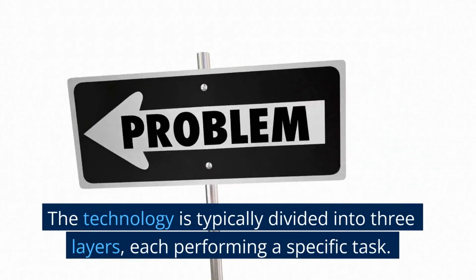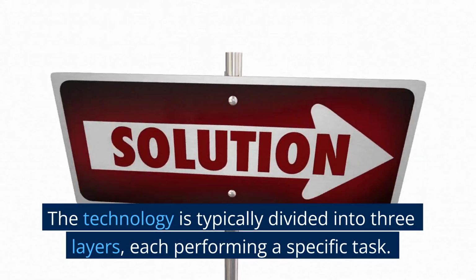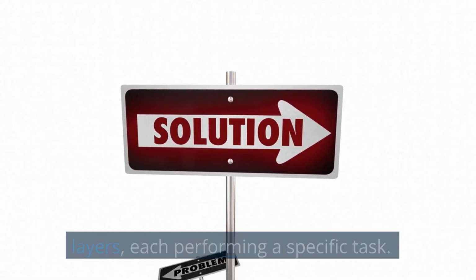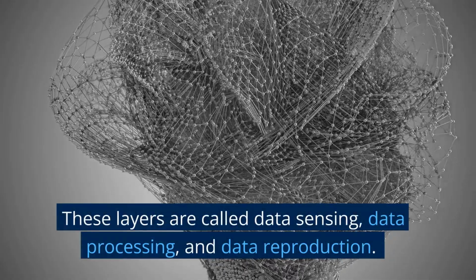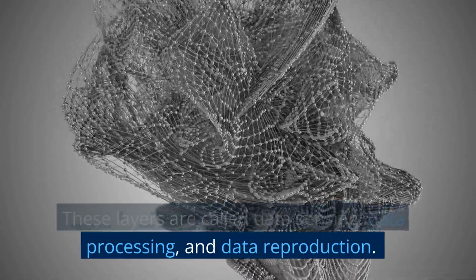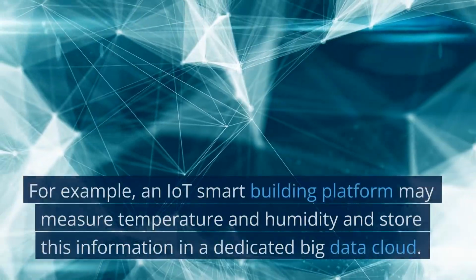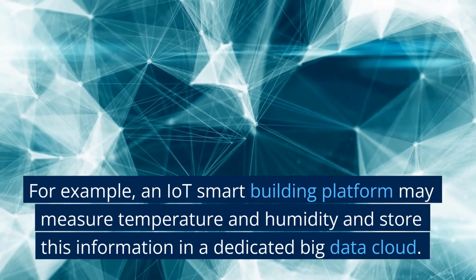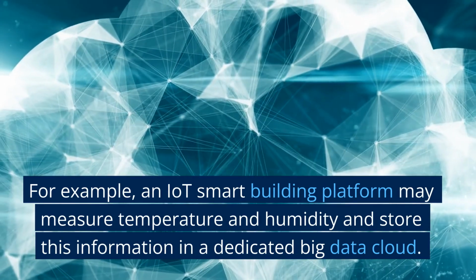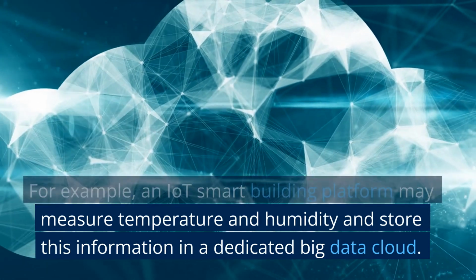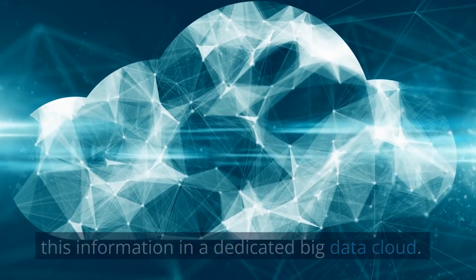The technology is typically divided into 3 layers, each performing a specific task. These layers are called data sensing, data processing, and data reproduction. For example, an IoT smart building platform may measure temperature and humidity and store this information in a dedicated big data cloud.